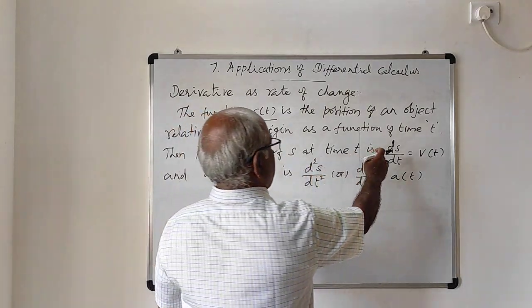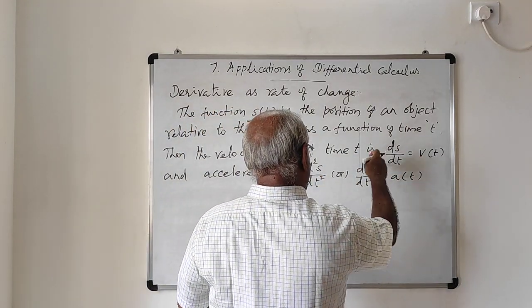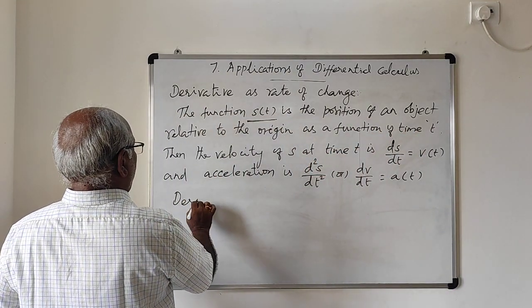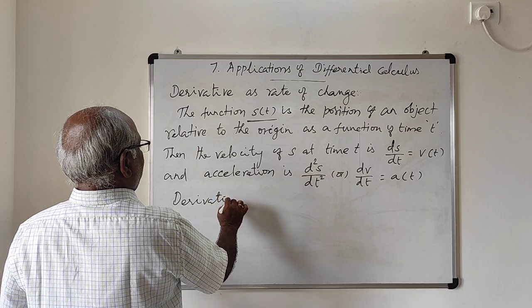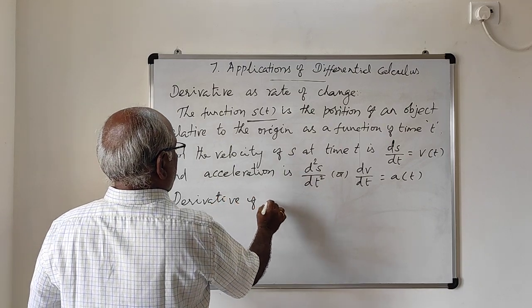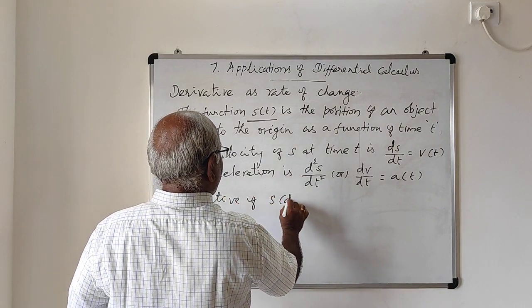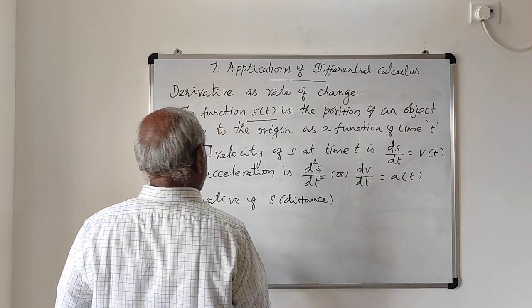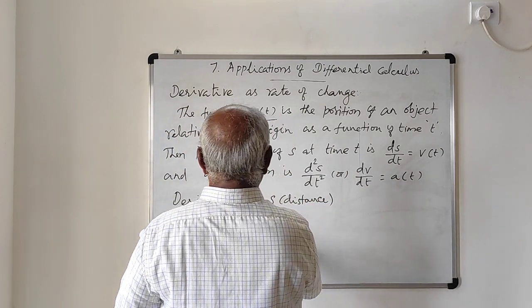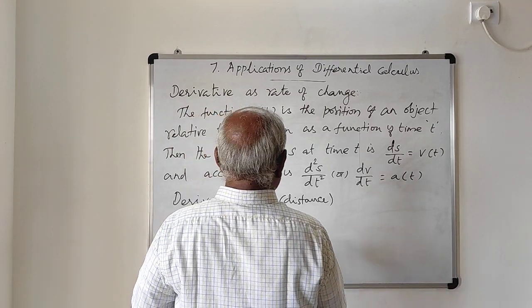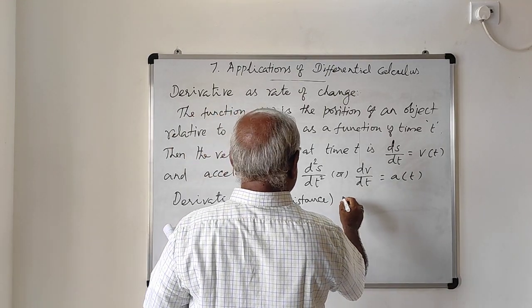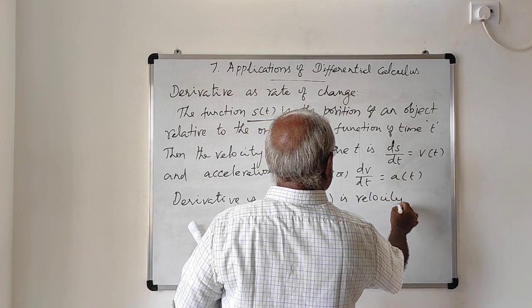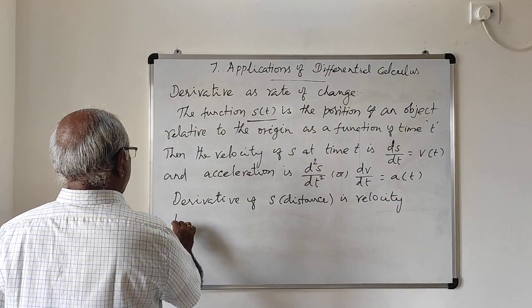The derivative of distance is velocity, and the derivative of velocity is acceleration, that's all.